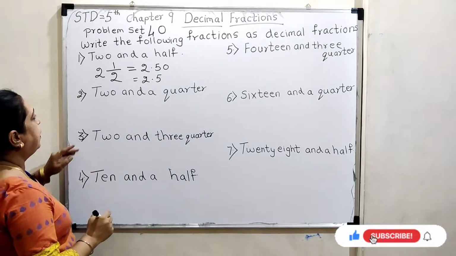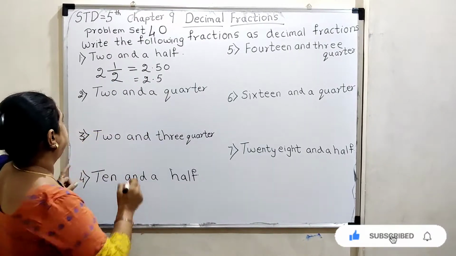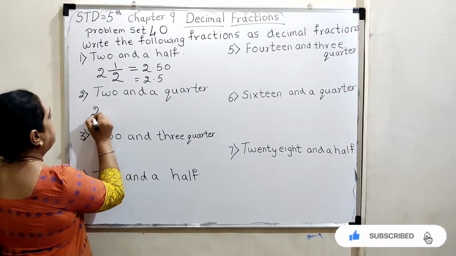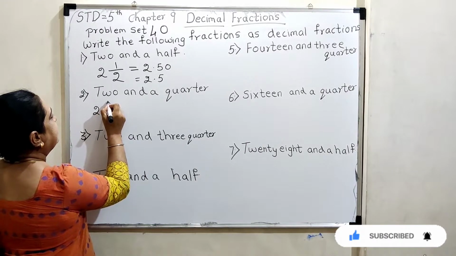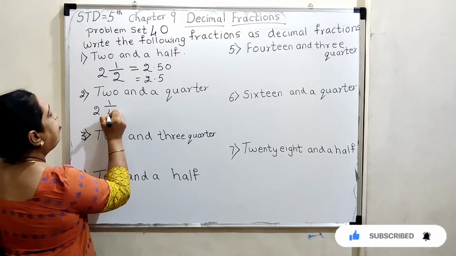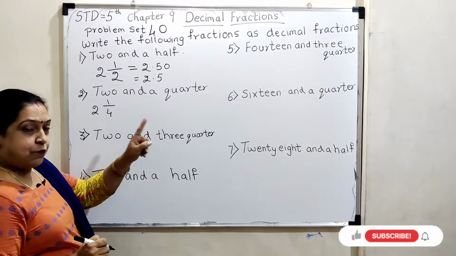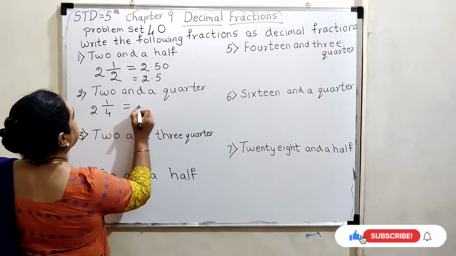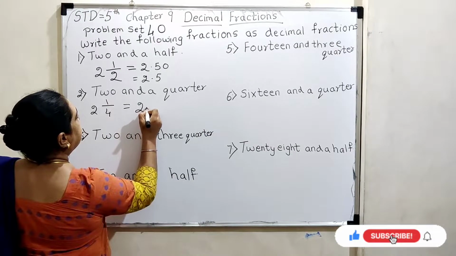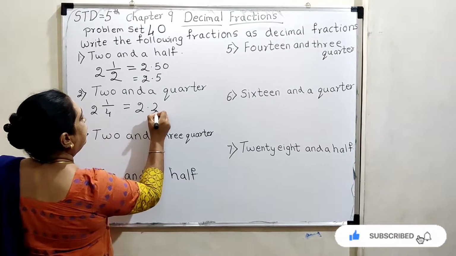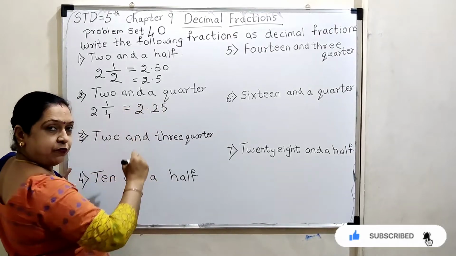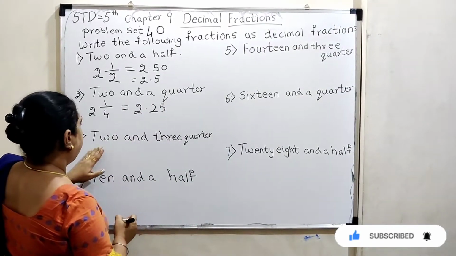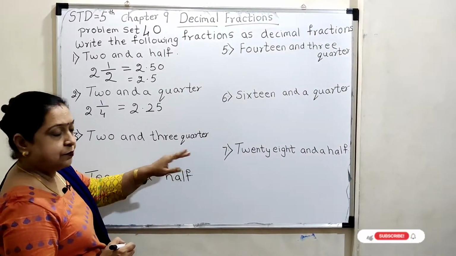Now, 2 and a quarter. 2 and a quarter means 1 upon 4. Quarter means 1 upon 4. So, how do you write this? 2.25.